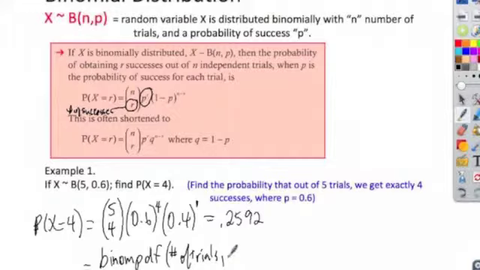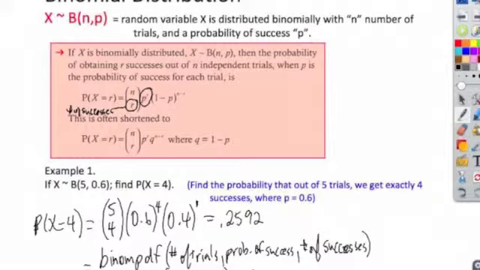The second is the probability of success. And then the third is the number of successes. So now to enter that would be binomPDF 5, number of trials is 5, the probability of success is 0.6, and the number of successes that we're looking for again is 4.